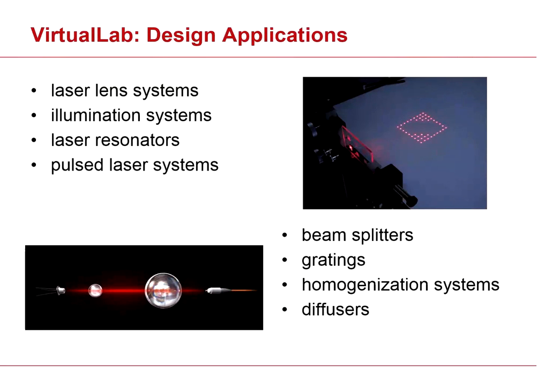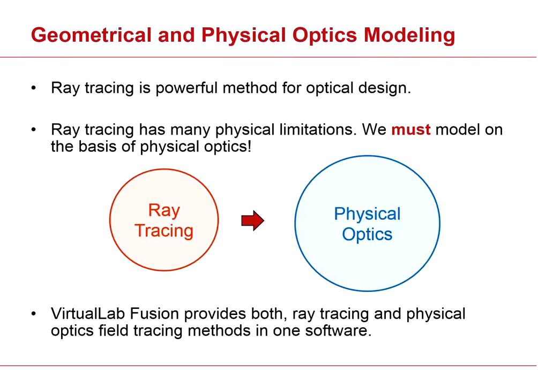There are a lot of applications for VirtualLab, especially in the field of laser systems, also including pulsed laser systems and laser resonators. And we have also solutions for illumination systems, so for design tasks in illumination systems. Some examples are given here, which includes the design of beam splitters, the design of gratings and diffusers, and also applications for homogenization systems for LED light sources also.